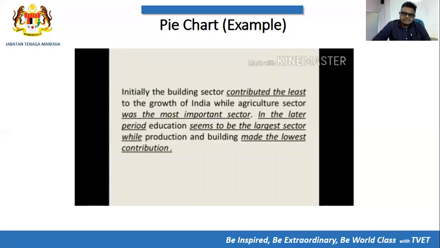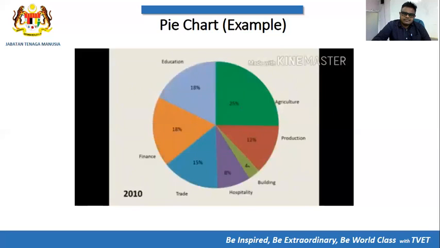It had good growth, whereas building did not have any sort of growth. And next we can show the 2020 pie chart. The point here is that the education sector has good growth, whereas production and building sectors do not have good growth.